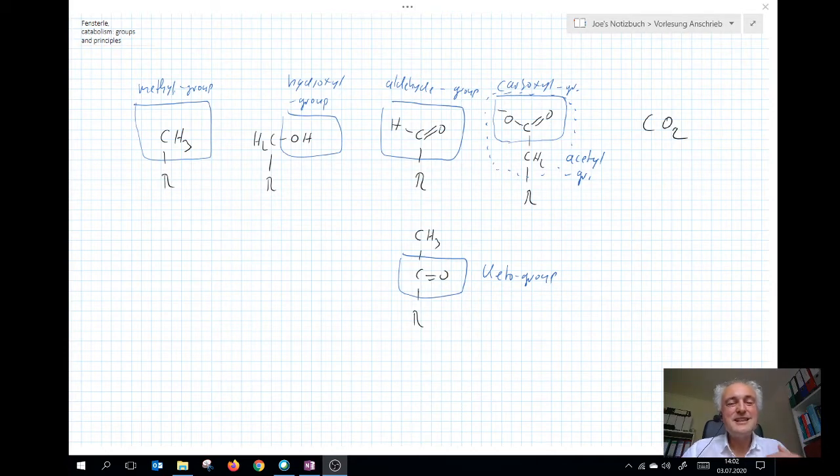But it's simple because you have just this handful of groups you need to know. And that's it if we talk about sugar catabolism, as we only have carbons, hydrogens, and oxygens. So we have the methyl group, hydroxyl group, aldehyde group, carboxyl group, and the keto group.